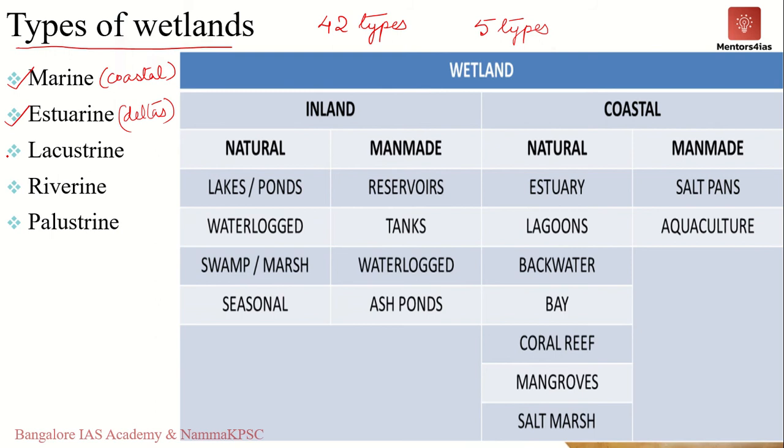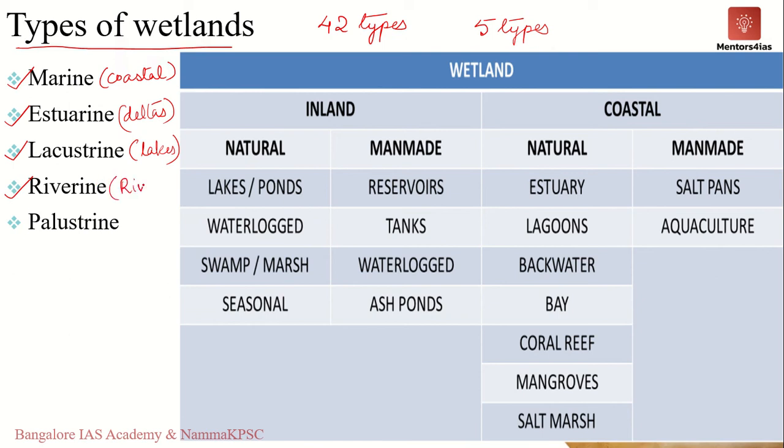Third is lacustrine wetlands. Lacustrine wetlands are associated with lakes. So, wherever you have large lakes, the wetlands found along these water bodies are known as lacustrine wetlands. Fourth type is riverine wetland. Riverine wetlands are found along rivers and streams.